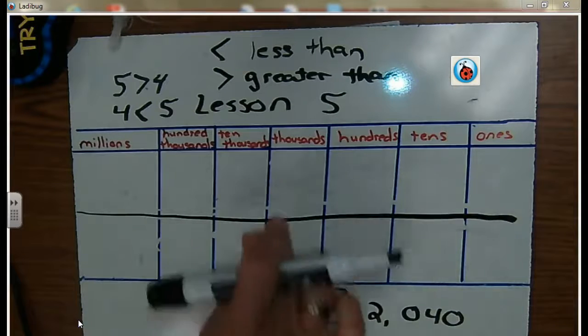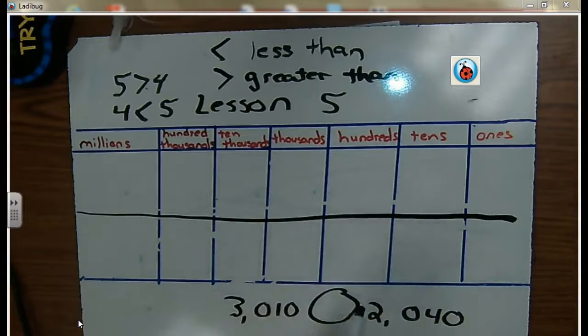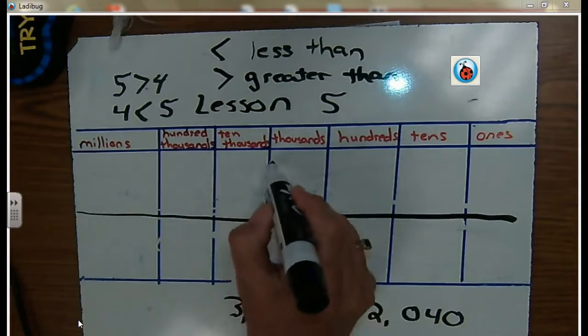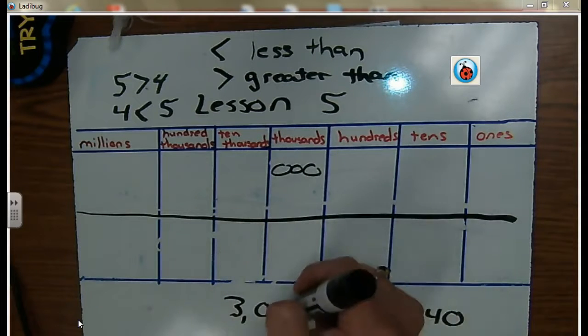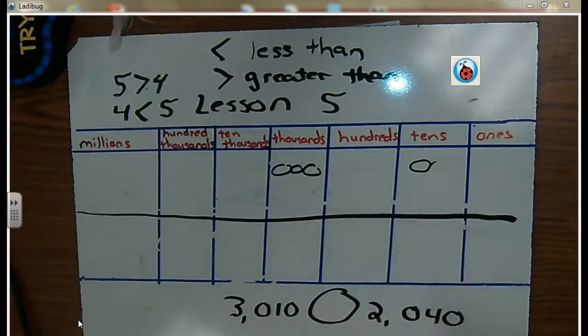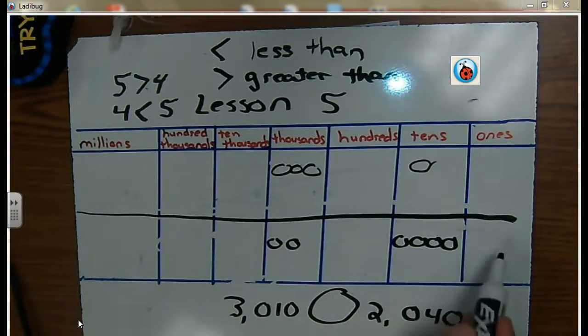My first number is going to go on the top. My second number is going to go on the bottom. So I have 3 thousands, 0 hundreds, 1 ten, and 0 ones. On the bottom, I have 2 thousands, 0 hundreds, 4 tens, and 0 ones.